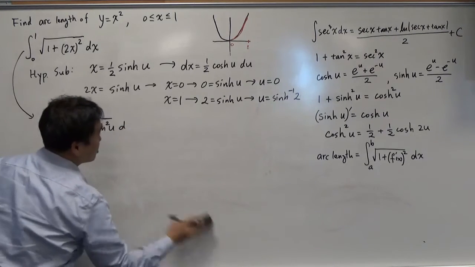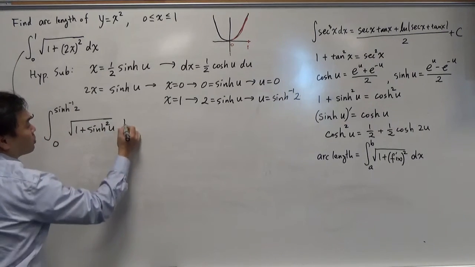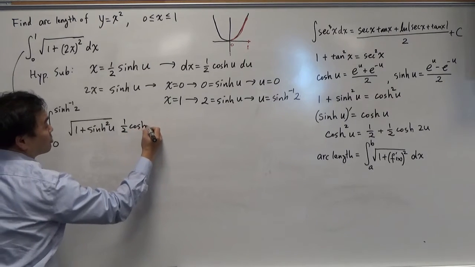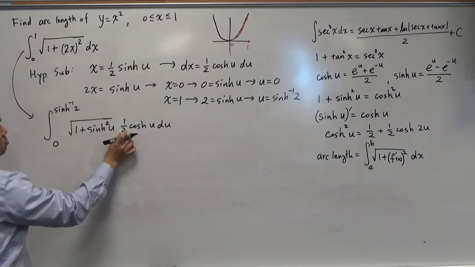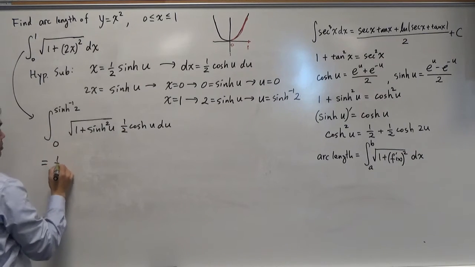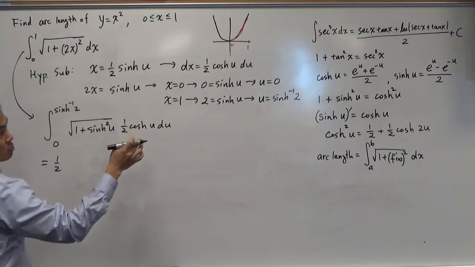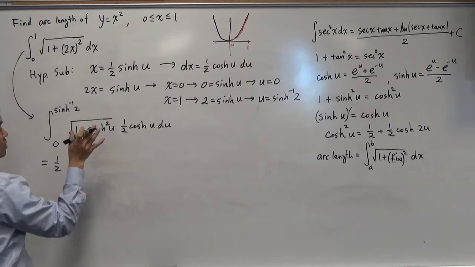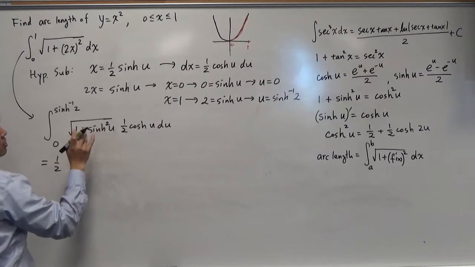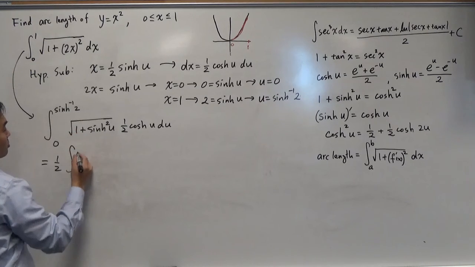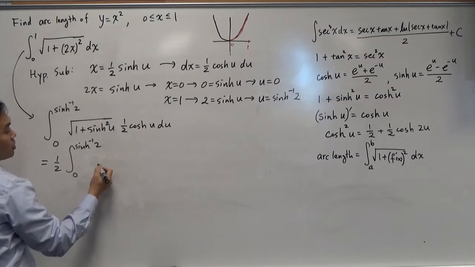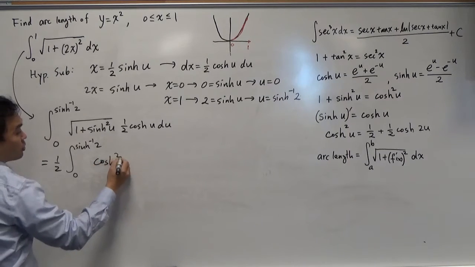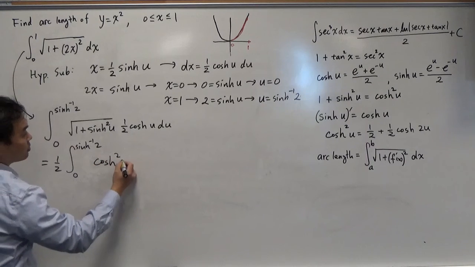And then dx would be replaced by 1/2 cosine hyperbolic of u du, where you can now move the 1/2 in front. This will become cosine hyperbolic squared. Again, it's positive, so it will be just cosine hyperbolic of u. So you end up with the integral from 0 to sine hyperbolic inverse of 2 of cosine hyperbolic squared of u du.